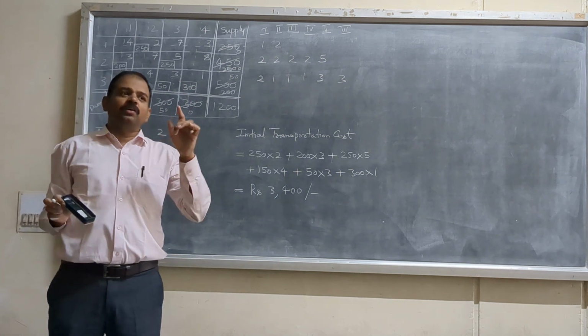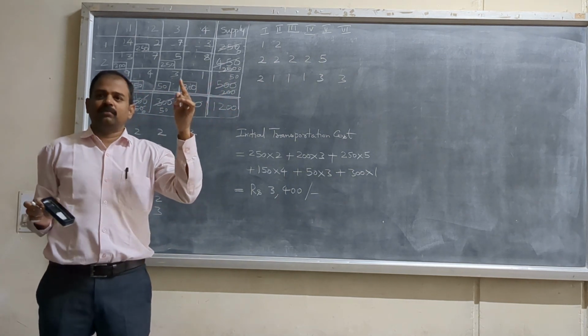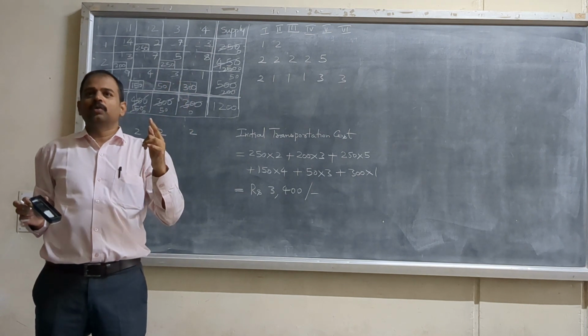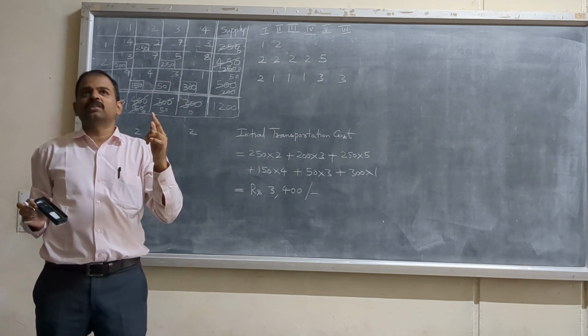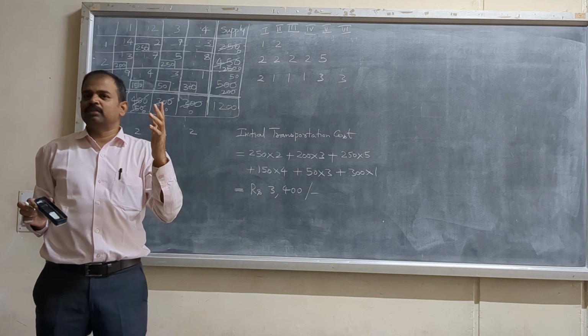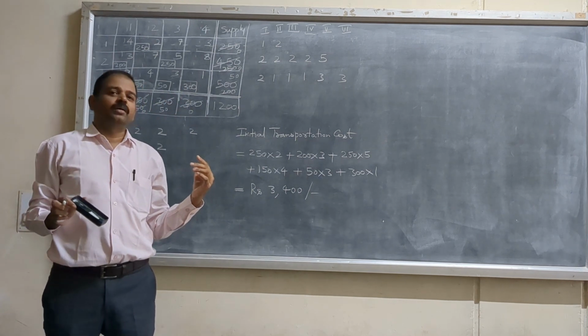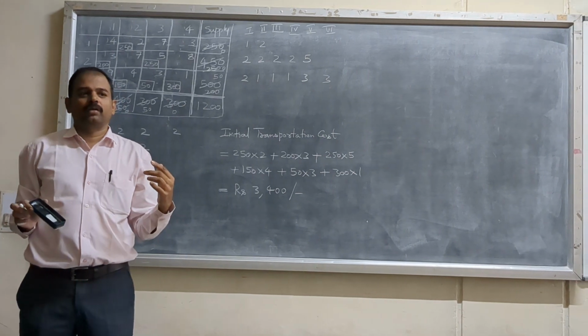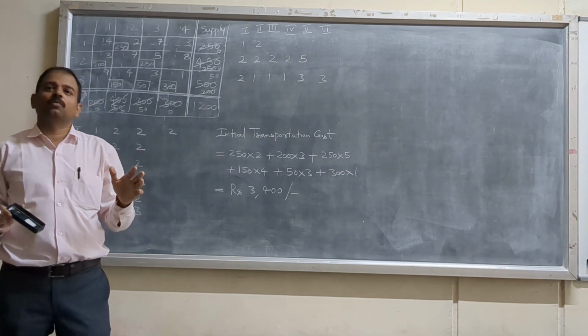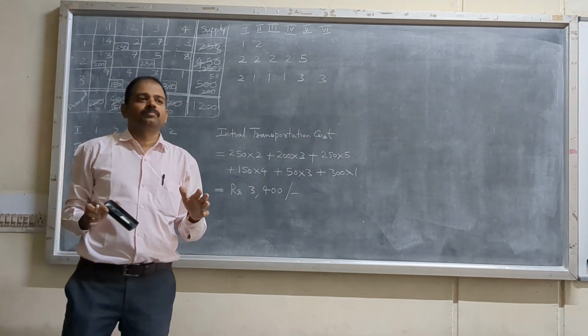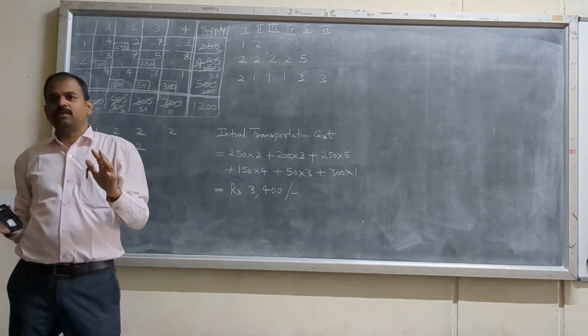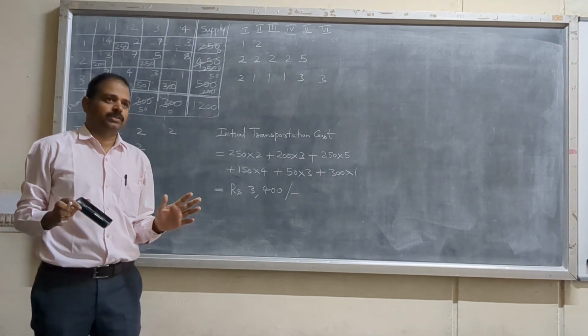The same problem we had worked using the northwest corner method and the least cost method earlier. You could have checked, it was 3,600 odd, 3,550 something, for the first two methods. And with this method, it is 3,400. So this proves that Vogel's approximation method is one of the best among the other two methods.